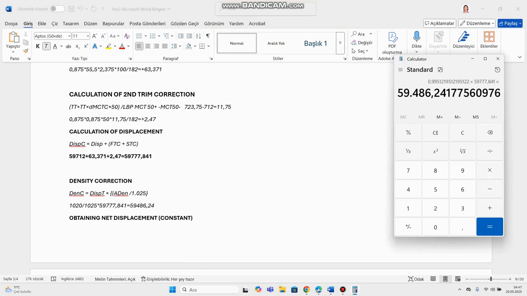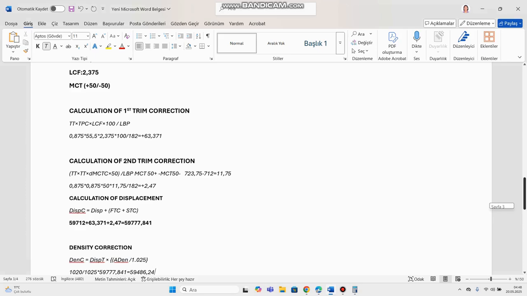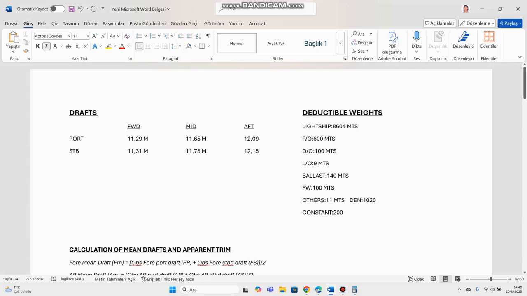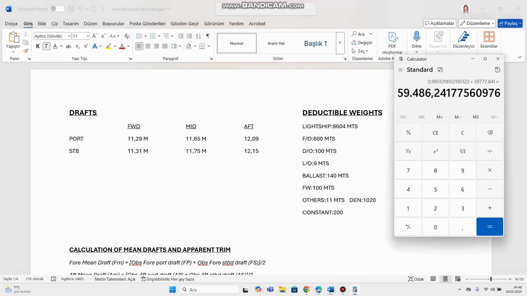This displacement includes all your deductible weights: your constant, your ballast, your bunkers, fresh water, light ship. If you want to reach your loaded cargo quantity, you must calculate your deductible weights. Let's calculate.